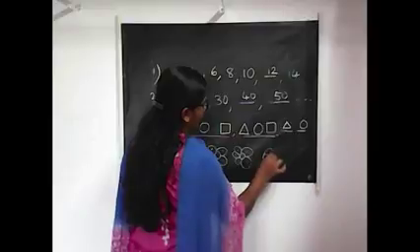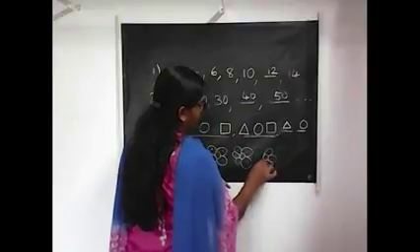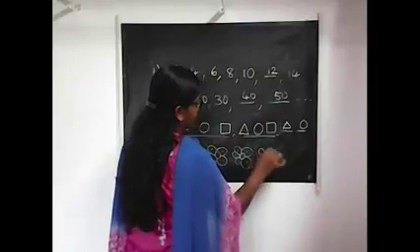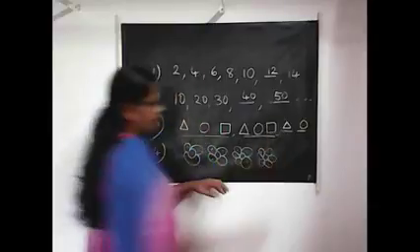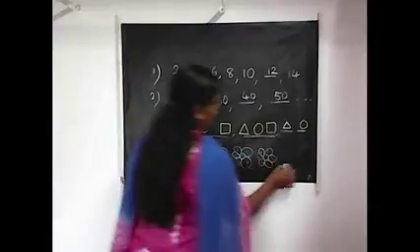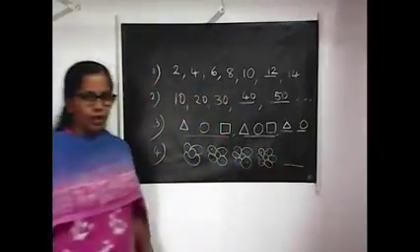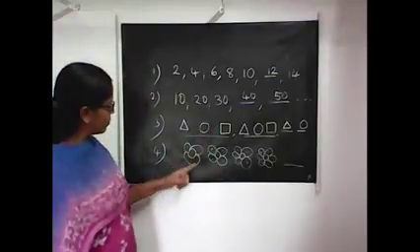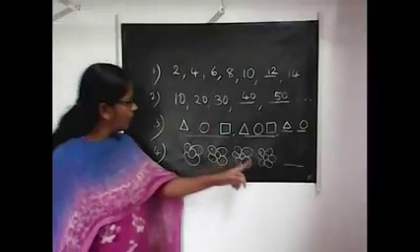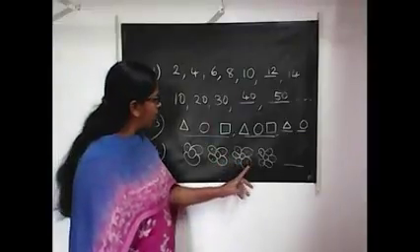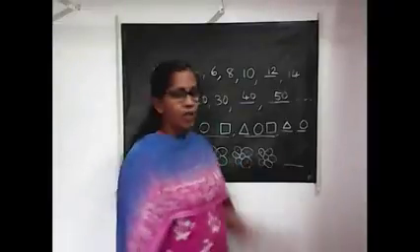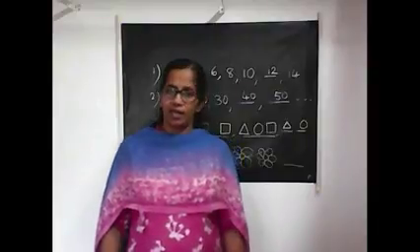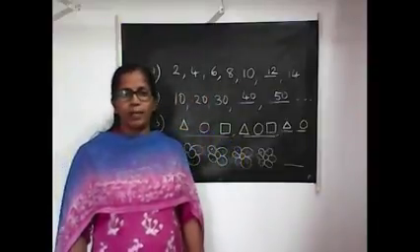Next one. 6 petals. So next, what will it be? Look at the order of this pattern given. Yes, first 3, then 4, then 5, 6. How many petals are supposed to be there? Yes, there is supposed to be a flower with 7 petals.